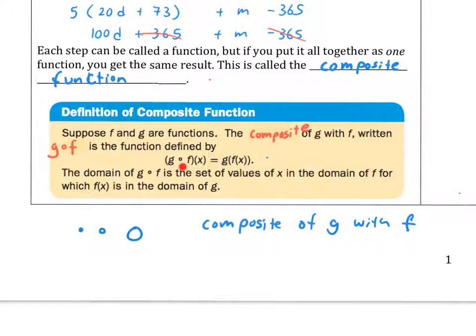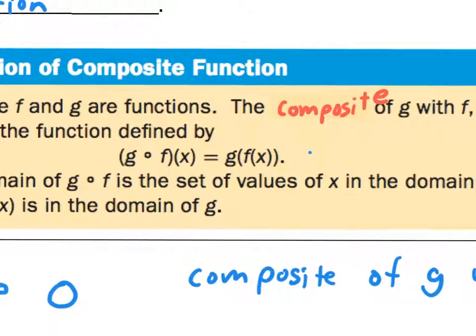So we can write it in this manner with parentheses around the composite part, or this is the embedded way. F of x is inside, and then g of that is happening. So g of f of x, or we can read this, the composite of g with f, or g of f of x.